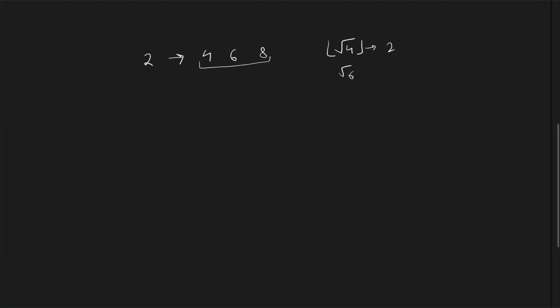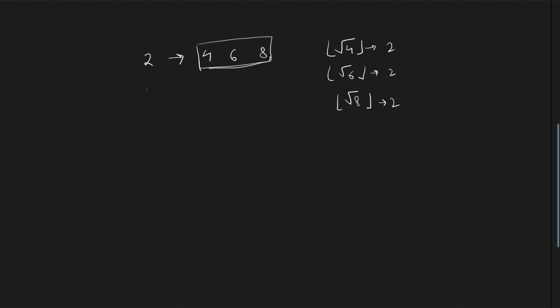The square root of 6, the floor value is 2. The square root of 8, the floor value is 2, right? As soon as I take the next number, that is 9, the square root would be equal to 3, right? So for 2, only these are the values whose floor square root is 2, and these are divisible by 2, right?